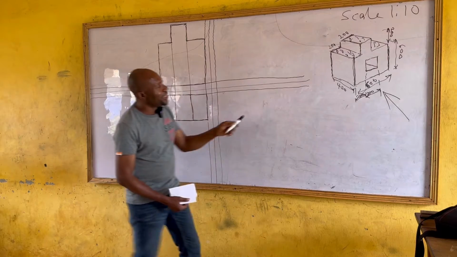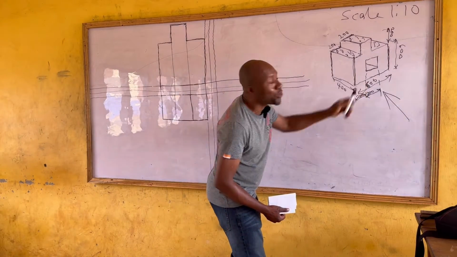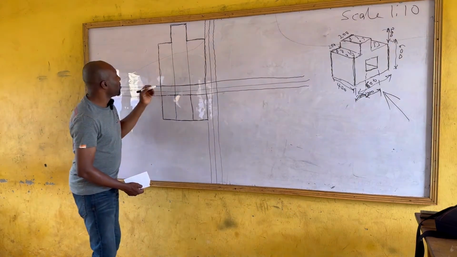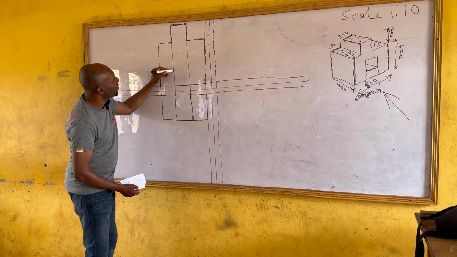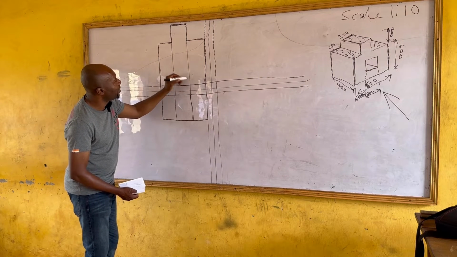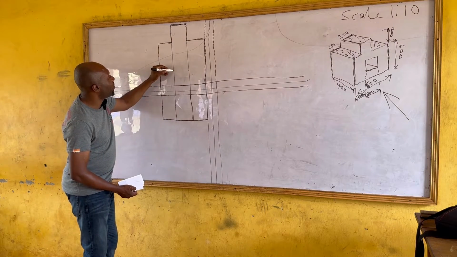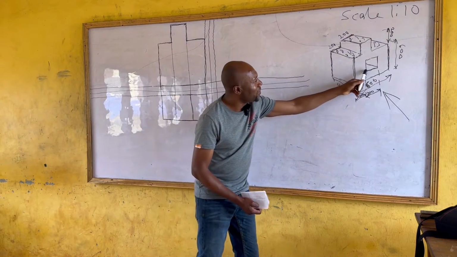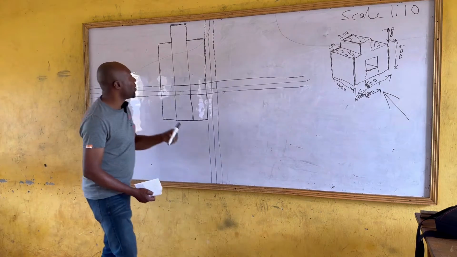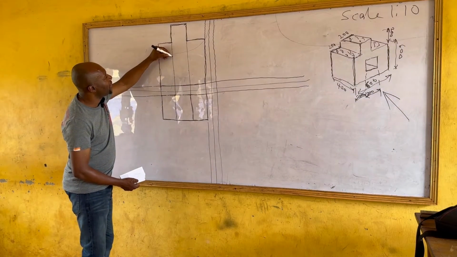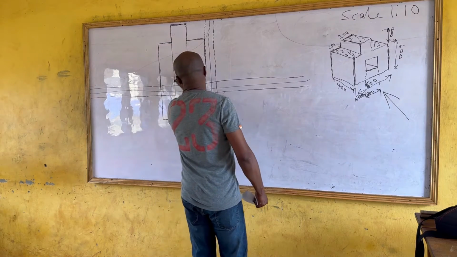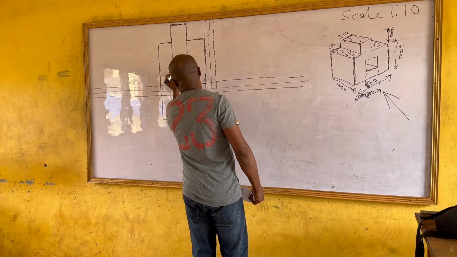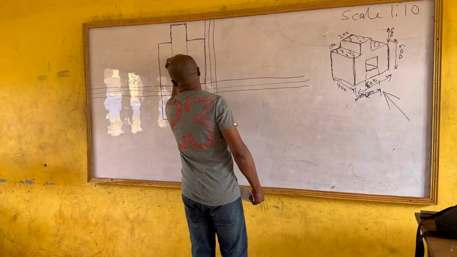And from here to this side is also 200. So you just measure 200 here. It goes like this. And from here to here is also 200. So you get your 200. So with your T-square, you just draw a line like this.